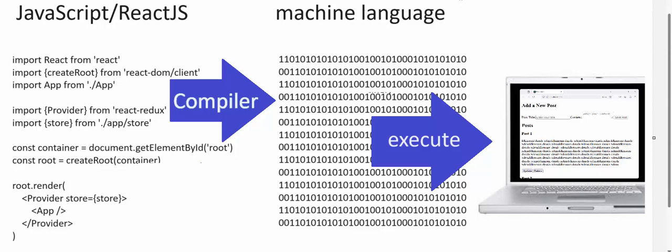Here it is, high level: our React.js code, a high-level language, JavaScript, is translated to machine language and then that machine language is executed. It is a process of compiling, translation, or interpretation from high level to machine language and execution.